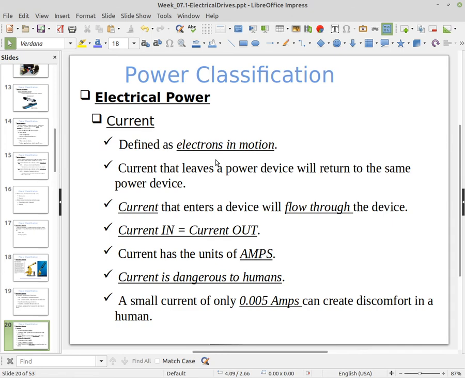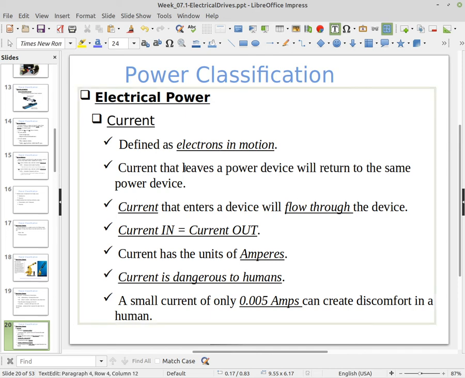So current is effectively defined as electrons in motion or charge in motion. The current is the same everywhere in a series circuit.